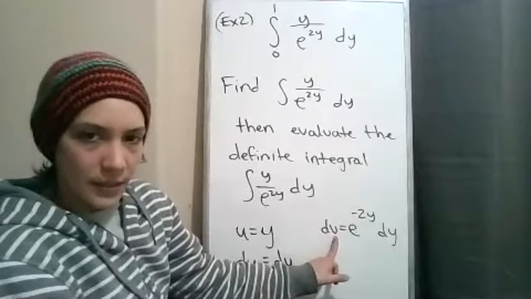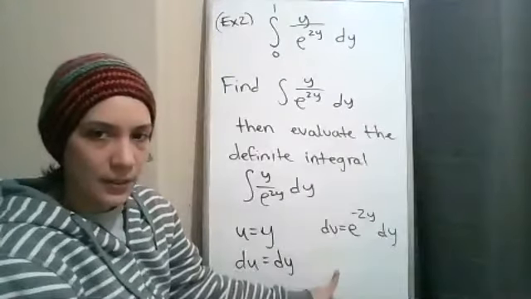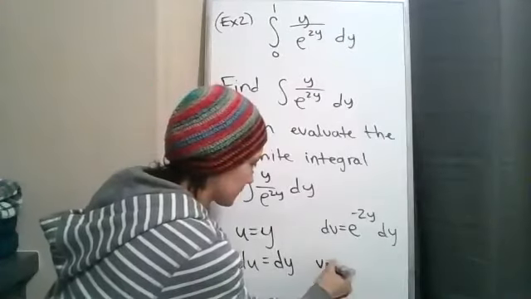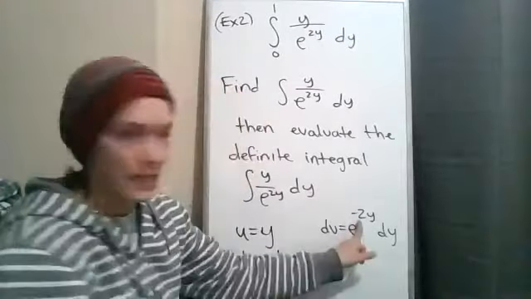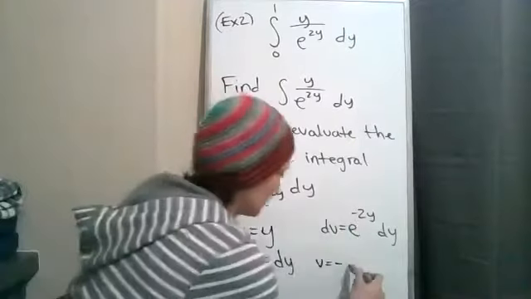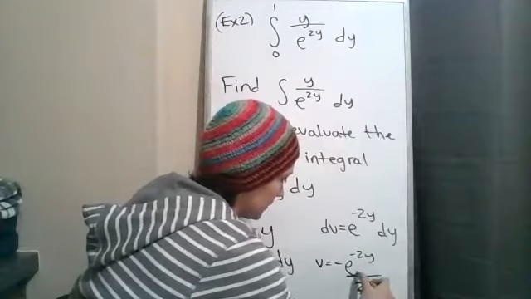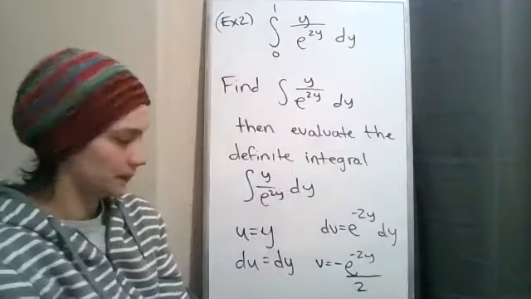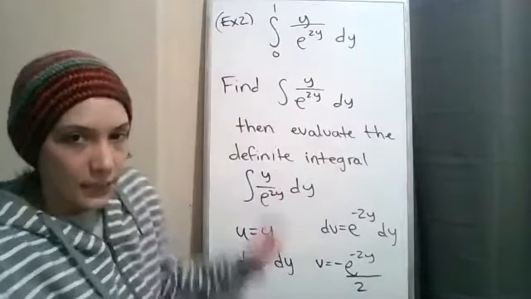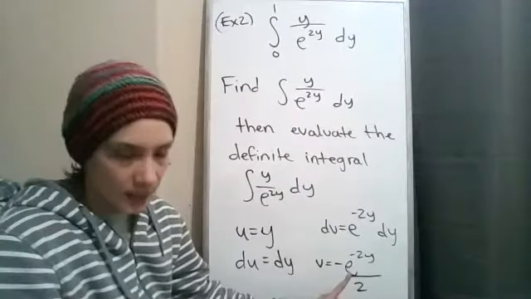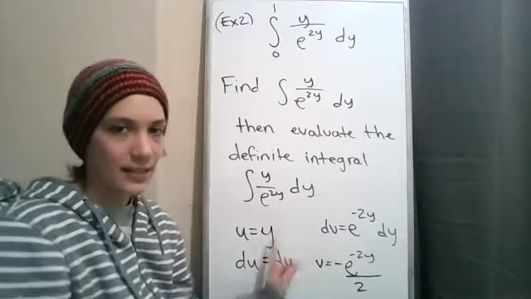This will have a u sub in it, and you'll have v equal to negative 1/2 e to the negative 2y. Then we cross multiply u with v, and then subtract the integral of v du.